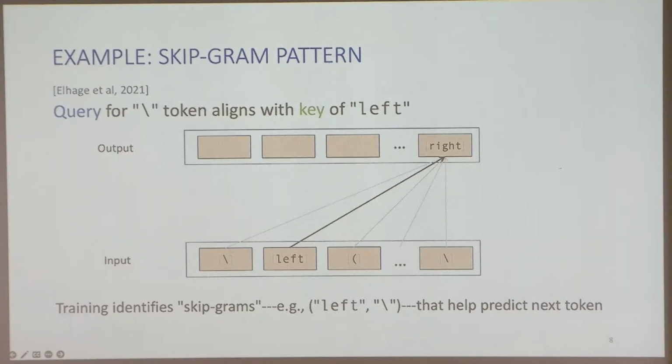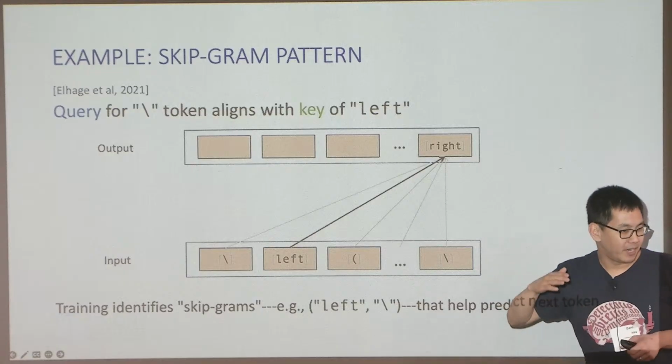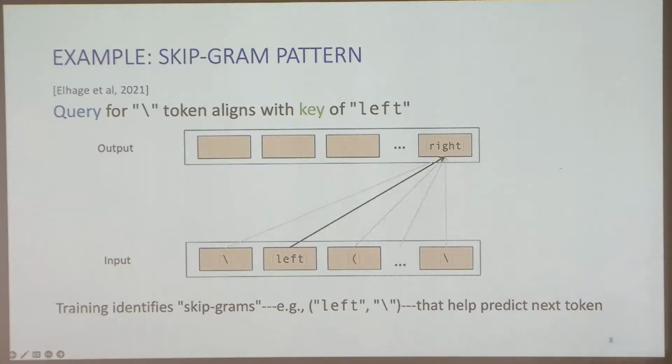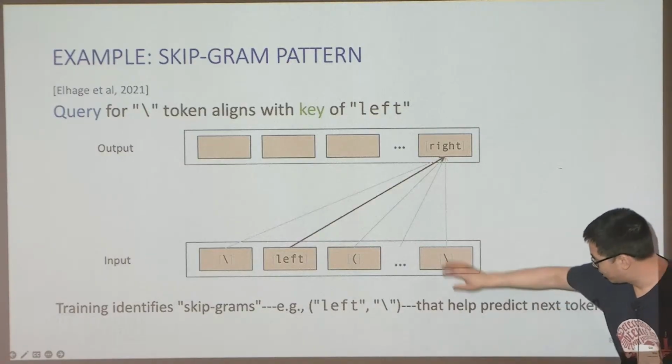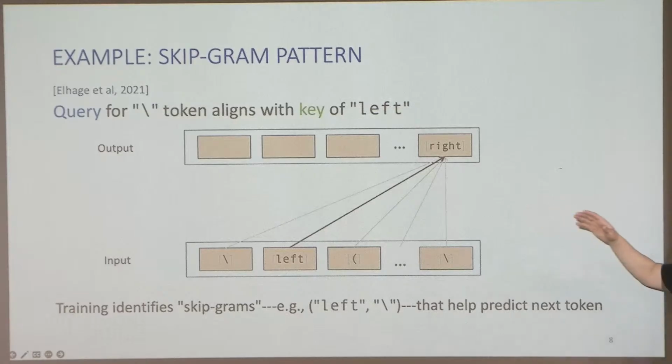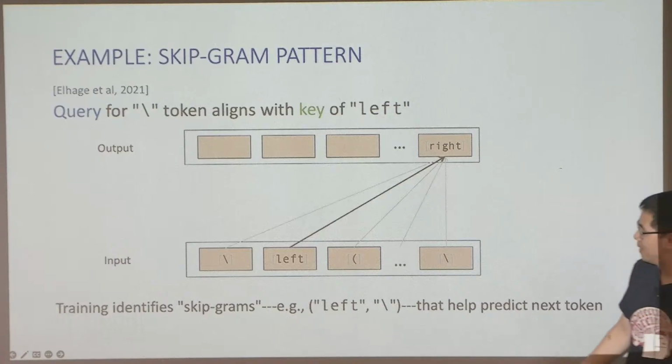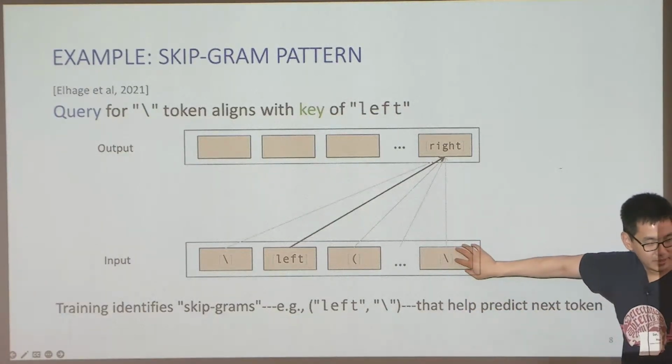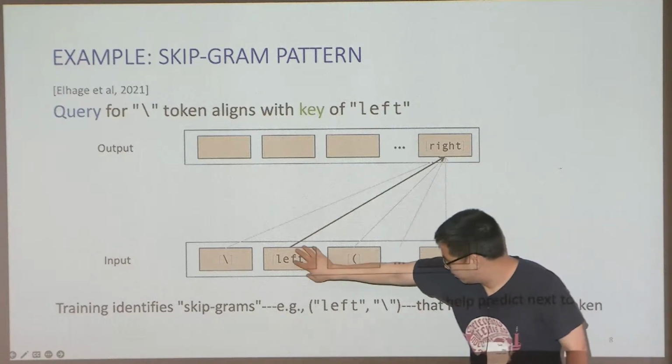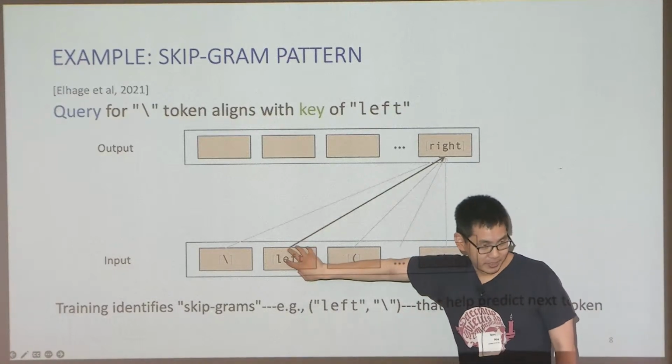In this case, does the query correspond to the query matrix? This is a particular query vector that you got after multiplying the word embedding by the query matrix. In this case, the original word was just the backslash. So you have the word embedding for backslash, and you map it to a query vector by multiplying by the query matrix. That's the query vector for this token, and maybe it aligns well with the key vector for this token.